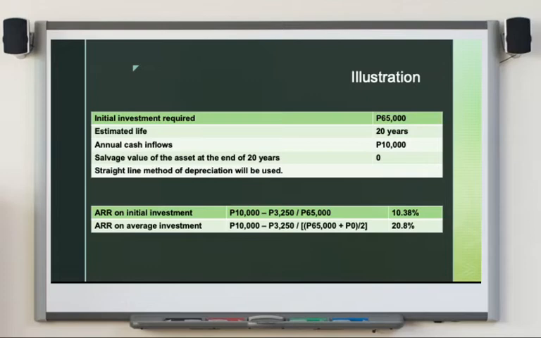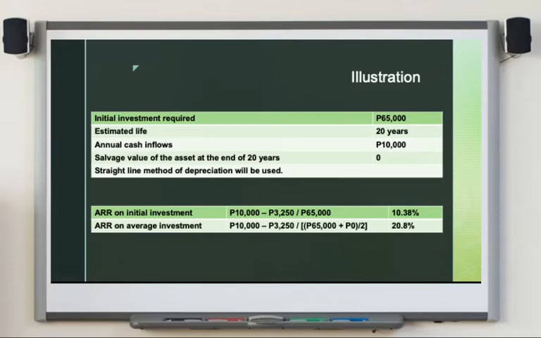You simply divide 65,000 over 20 years. And that will give us 10.38% accounting rate of return.